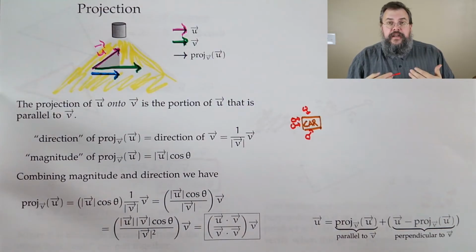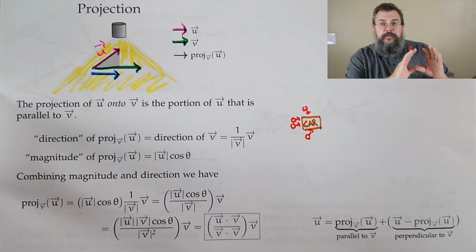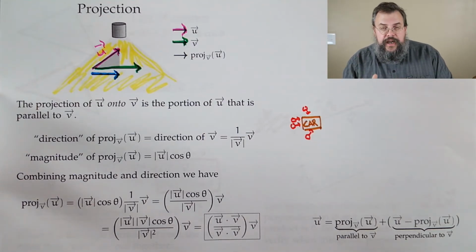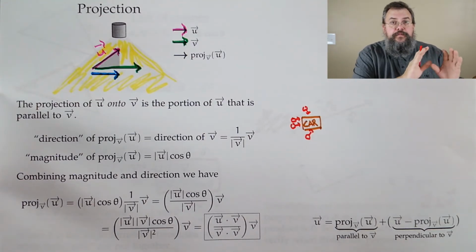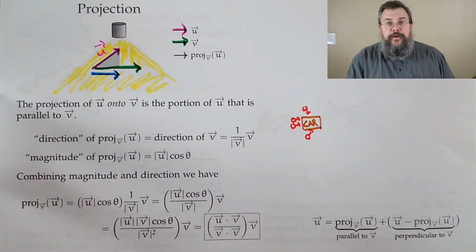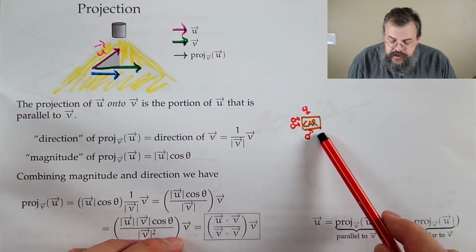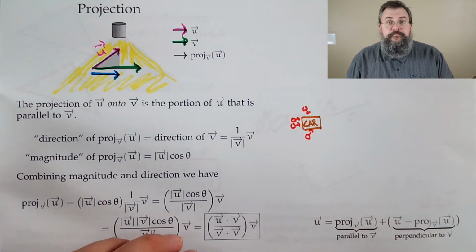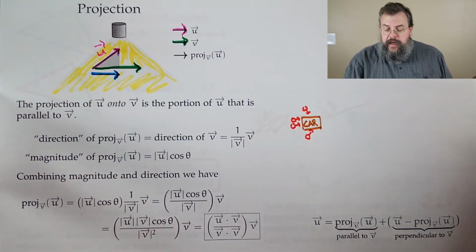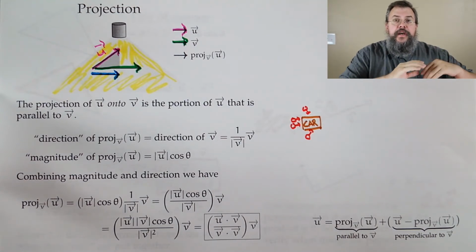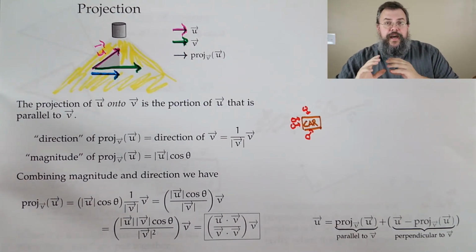You see, what's happening is that when a person is pushing from an angle, part of their force is being directed in the correct direction, and part of it is pushing the car perpendicular to where it wants to go. So in some sense, we have to ask, how much is this person helping? Well, we can ask the real question: how much of what the person is pushing is helping us go in the same direction as the direction that we want the car to go?